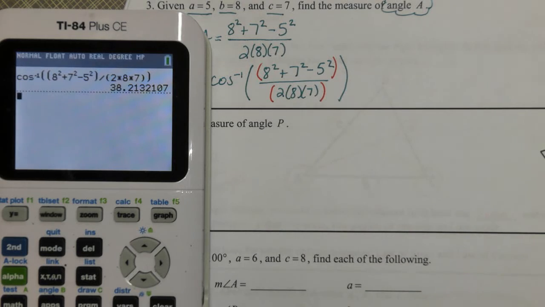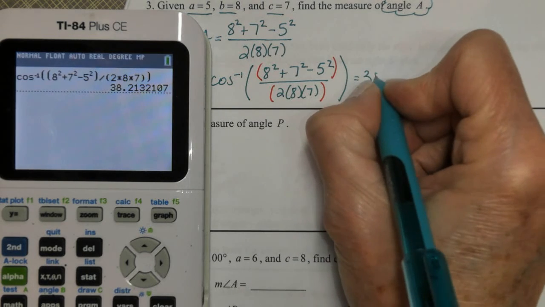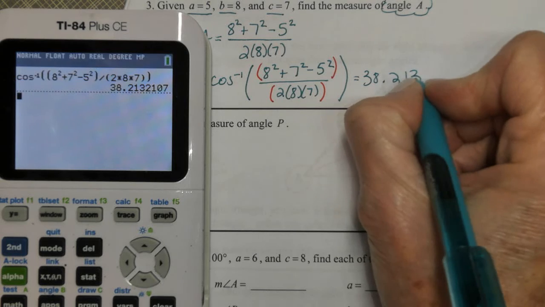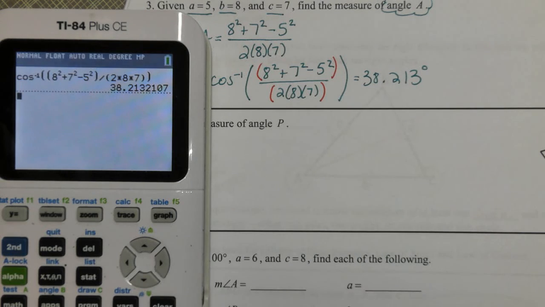And the correct answer here is 38.213 degrees. Okay?